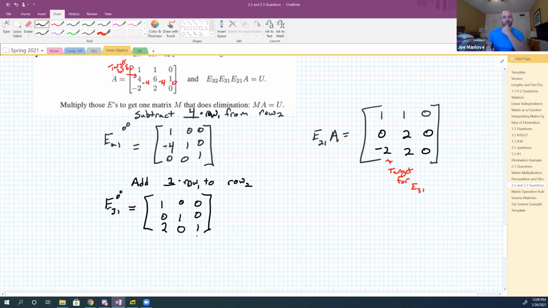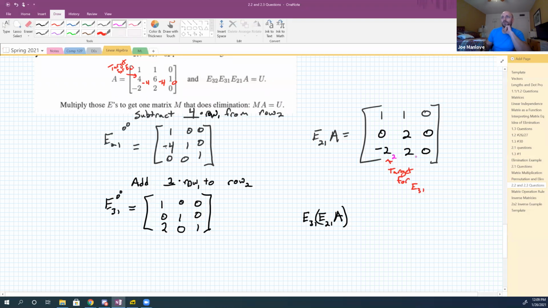You guys all with me on constructing elimination matrices? Okay, so then if I want E31 times E21 times A, this is me applying E31 to this new matrix here, E21 times A. So I'm going to take my row 1 and multiply it by 2.